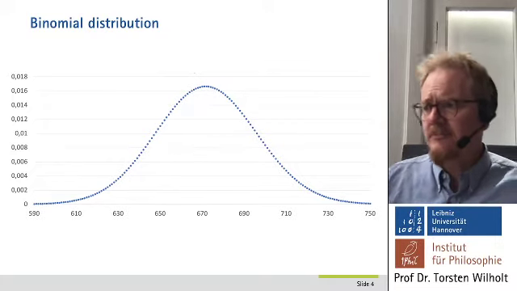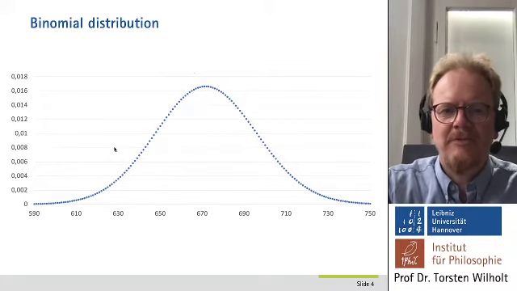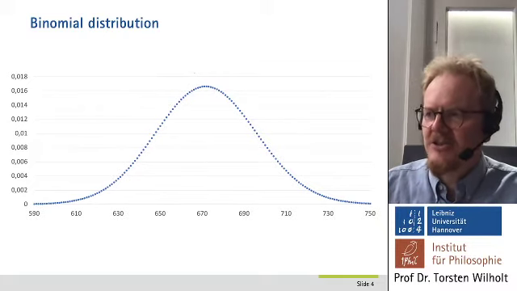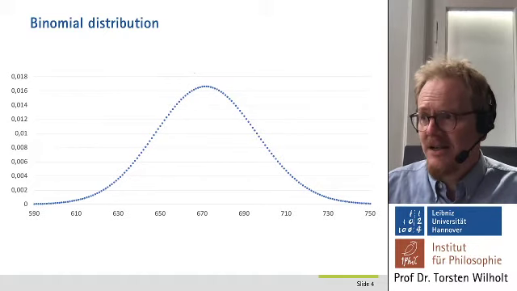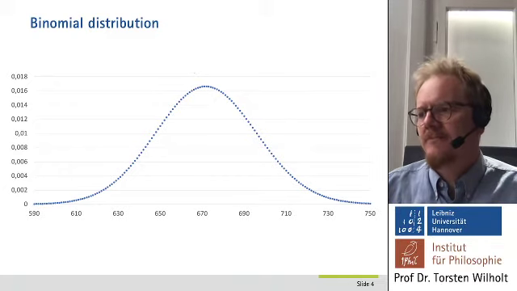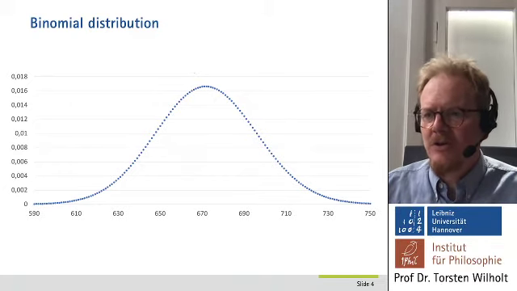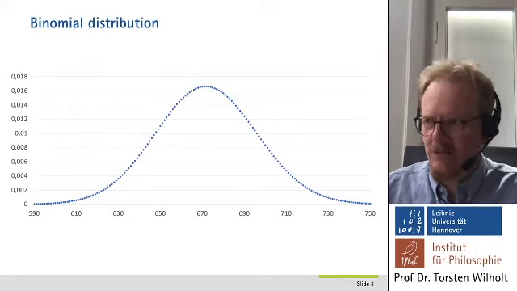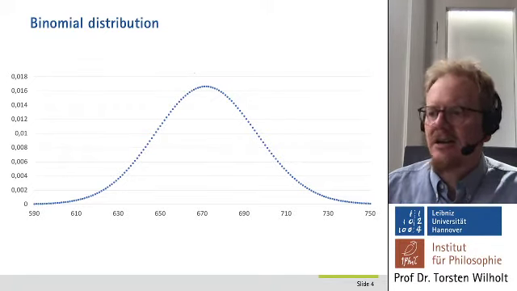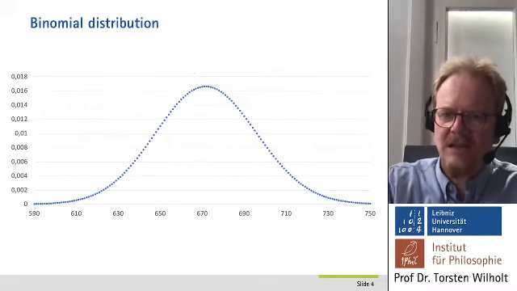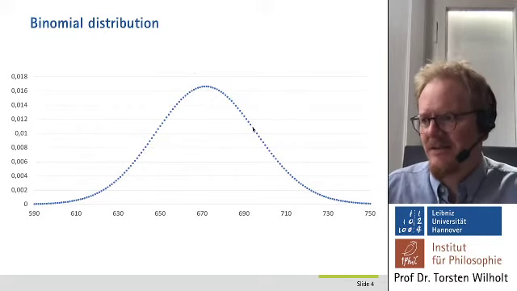Because these are the theoretical probabilities, and the laws of large numbers basically imply that the more trials you make, the more likely it is that the actual frequency that you will observe will be close to the theoretically predicted frequency.